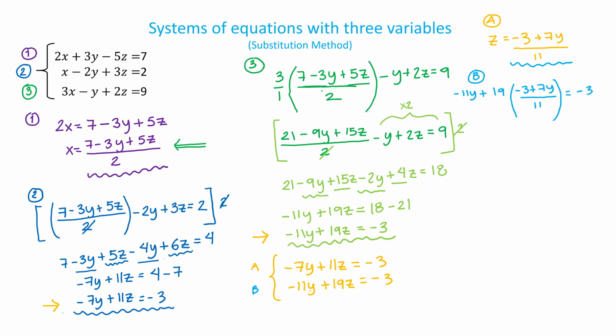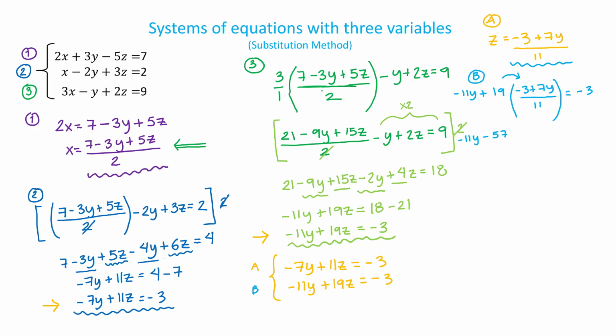Now I will solve first the multiplication that I have here of 19 times c. So it's minus 11y plus 19 times minus 3. We said that 19 times minus 3 is minus 57. So minus 57.